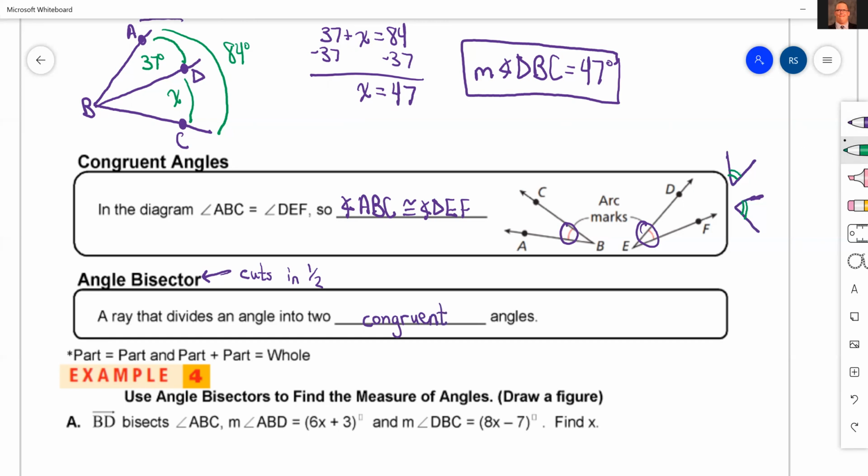Or another way you could say this is 2 equal angles. So just like with a segment bisector, for an angle bisector, the parts are equal to each other, but you also still have part plus part equals whole.